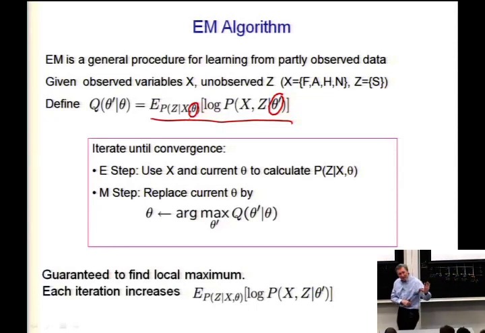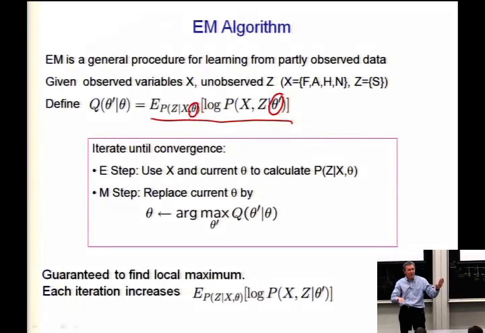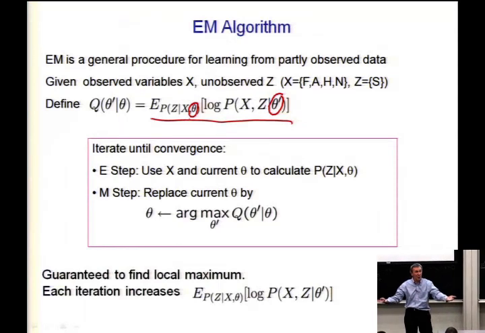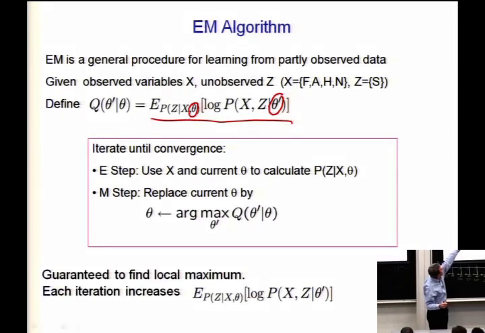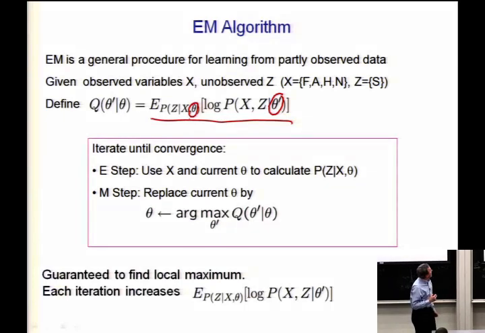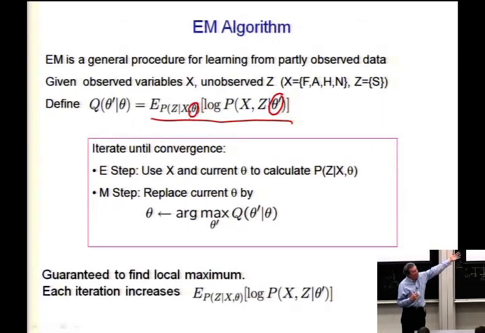Given those probabilities for the unobserved S variable from our guessed theta, we now plug those in and we get our formula for the expected full data likelihood. And now we change our theta, we pick a new value which we'll call theta prime, which maximizes that full formula.